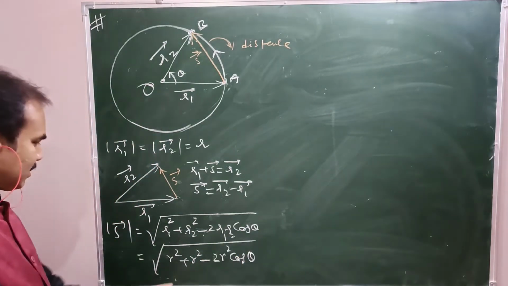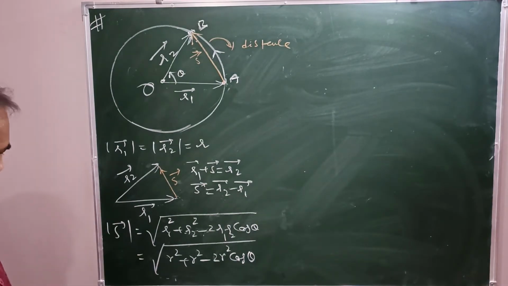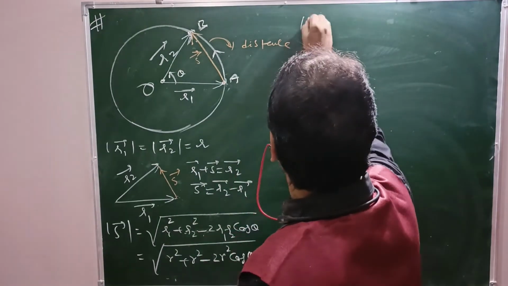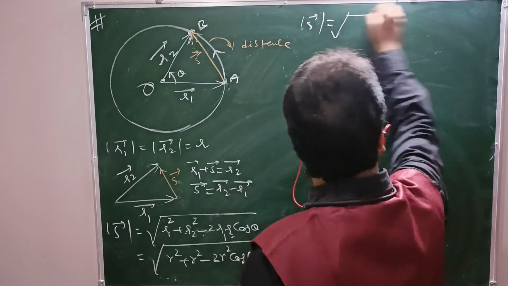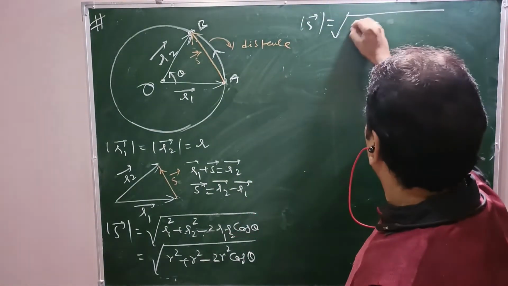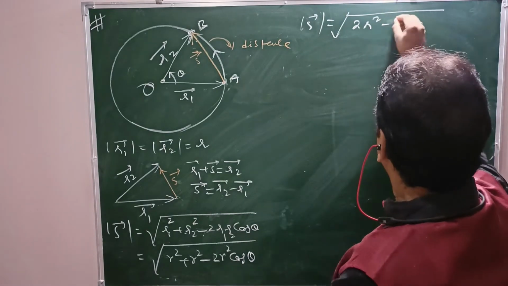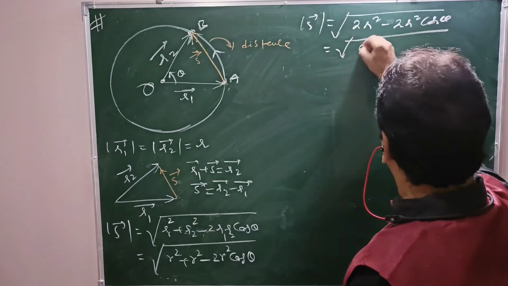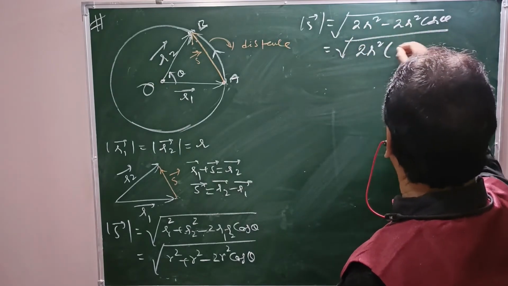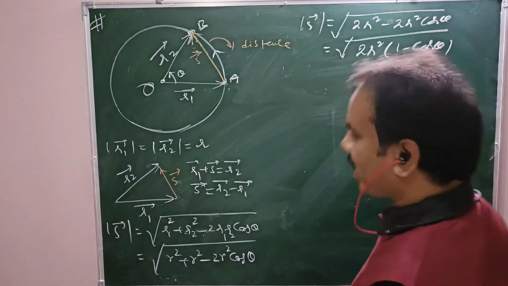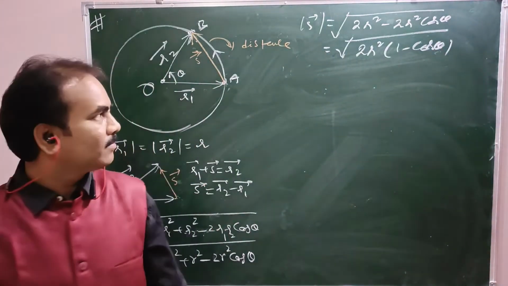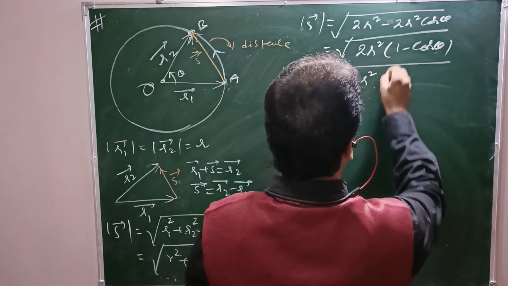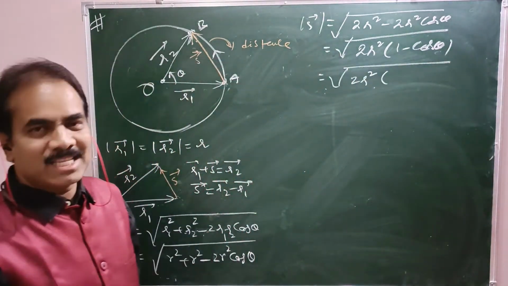Already we did the same result twice in the addition of vectors. That is mod S bar equals root over r square plus r square, that is 2r square, minus 2r square cos theta. So 2r square is kept common, and we are left with 1 minus cos theta. That is root over 2r square into (1 minus cos theta), and 1 minus cos theta is 2 sin square theta by 2.